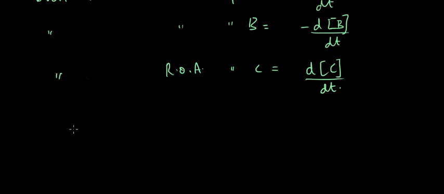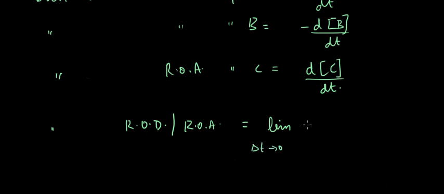So we can also write that the instantaneous rate of either disappearance or appearance can be written as limit delta t tends to 0 of minus or plus delta of concentration of X divided by delta t, which is minus or plus d of concentration of X by dt.